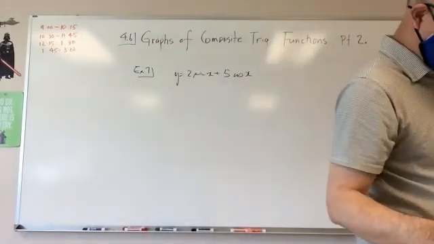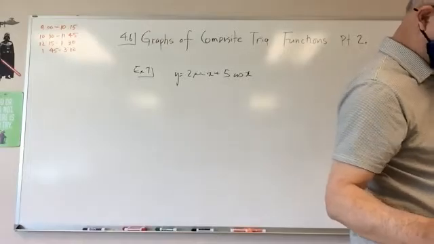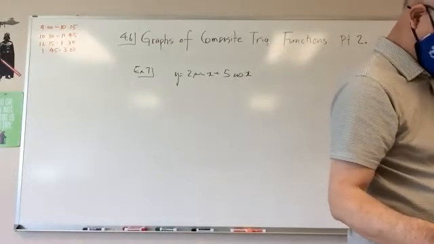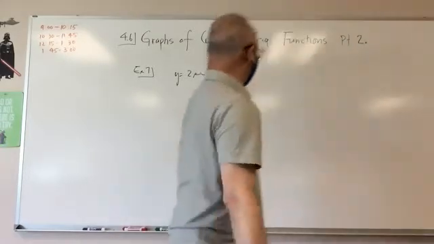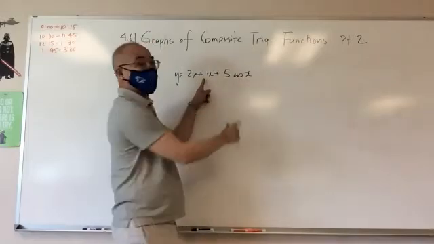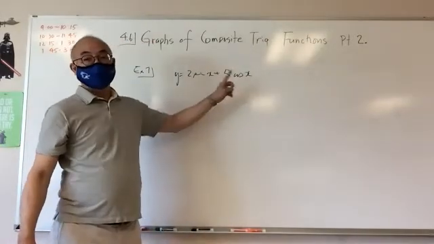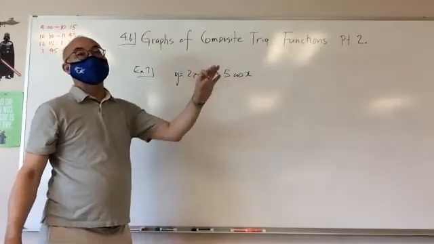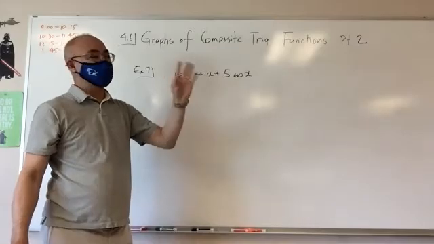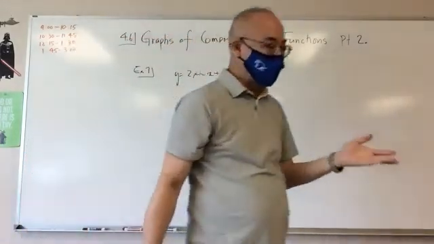Okay, so A, find the period of f. What's the period? The b terms are the same. They're both 1, right? So the period is going to be 2 pi divided by b. So it's 2 pi divided by 1, which is 2 pi, correct?